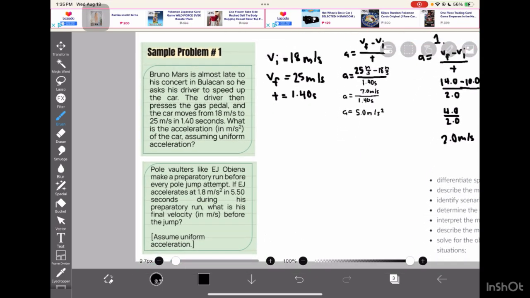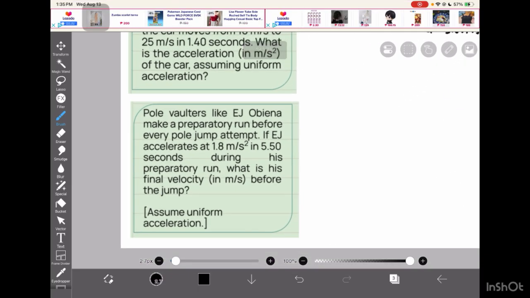But what about problems where, if you read the entire thing, there seem to be only 2 givens, like this one. Pole vaulters like E.J. Obiena make a preparatory run before every pole jump attempt. If E.J. accelerates at 1.8 meters per second squared in 5.50 seconds during his preparatory run, what is his final velocity?